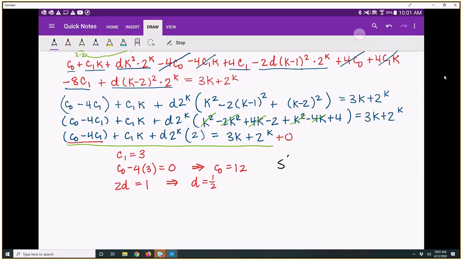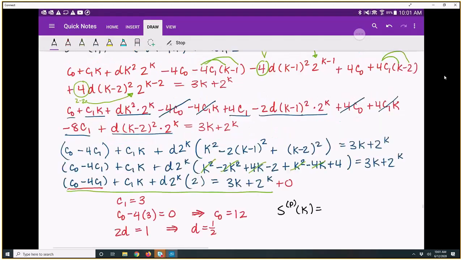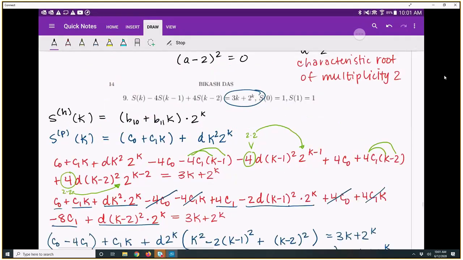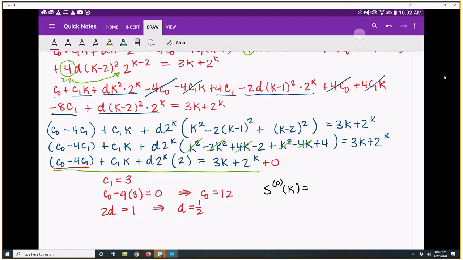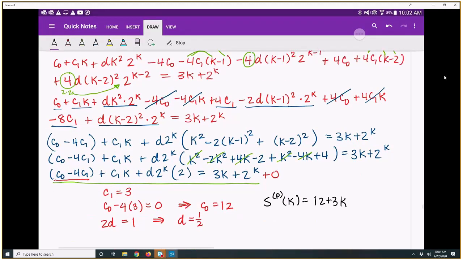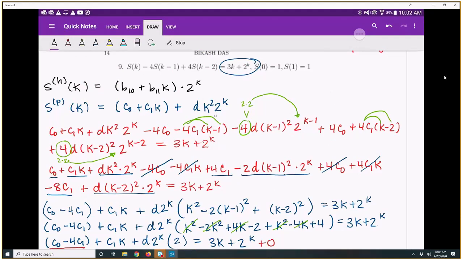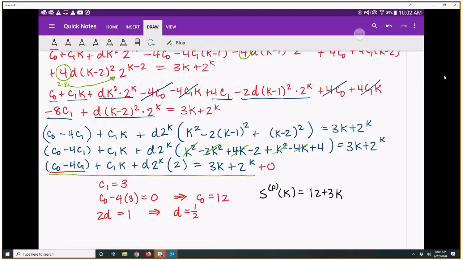So my particular solution is going to be c0 plus c1k, so that's 12 plus 3k, and then I had d times k squared times 2 to the power k. So this will be plus 1/2 k squared times 2 to the power k.